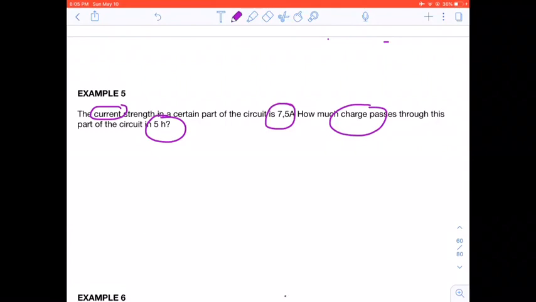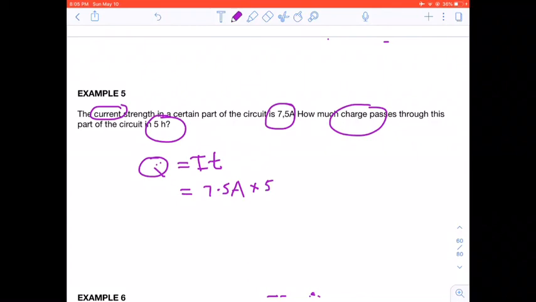So Q is equal to I times T, which is equal to 7.5 amps times 5 hours.